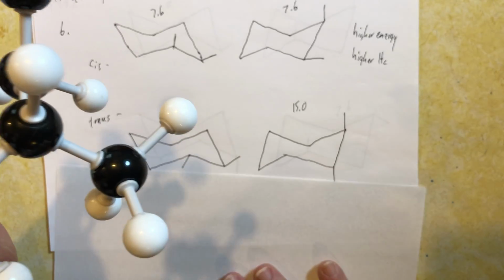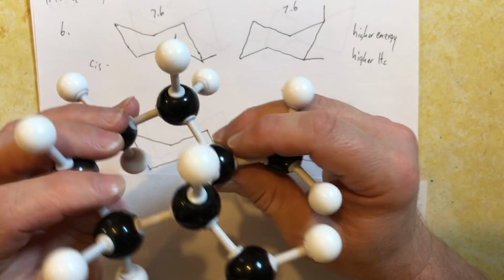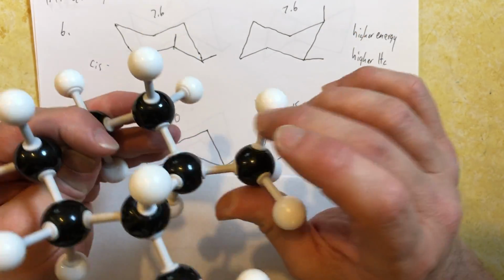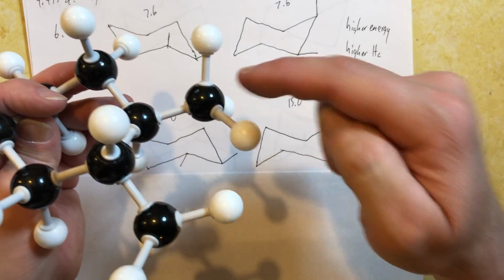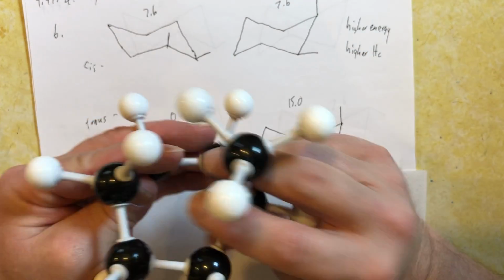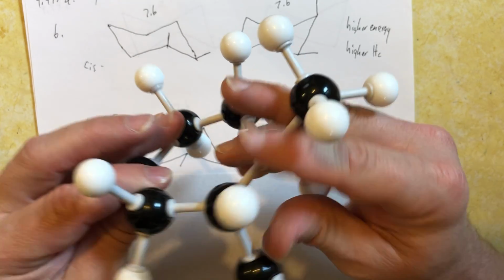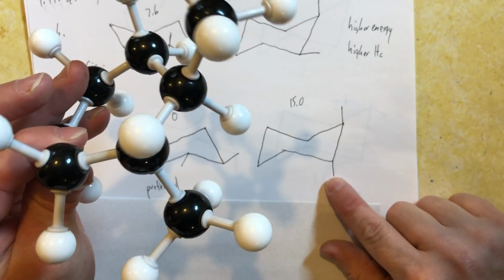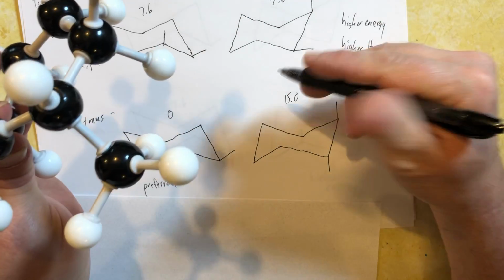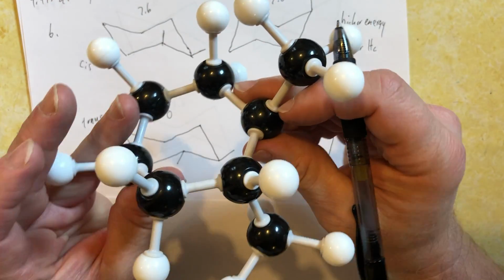Then I make a chair to where this side's down. Here's my chair. There's the back, seat, foot. Okay, there's no interference with these up here. If I make my chair go this way, then this one's interfering at 7.6 and this one's interfering at 7.6, and that combination is about 15.2.